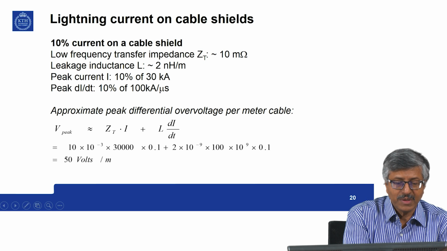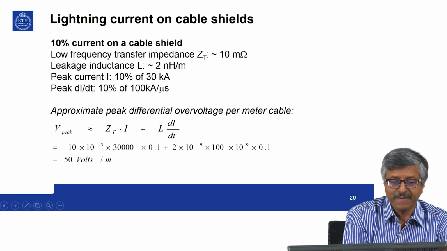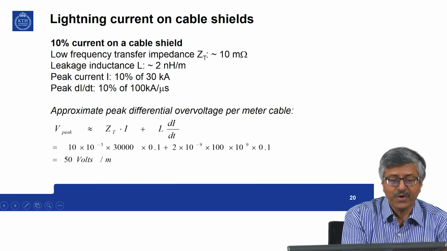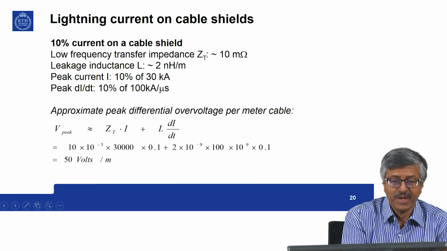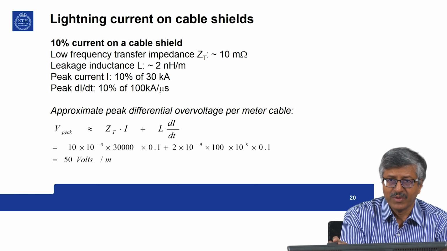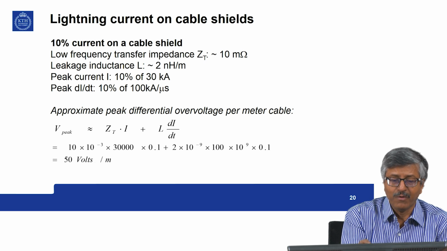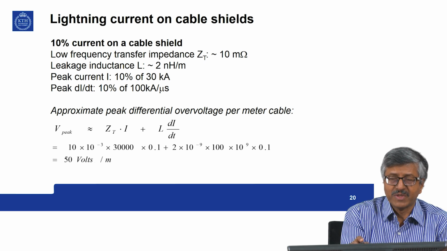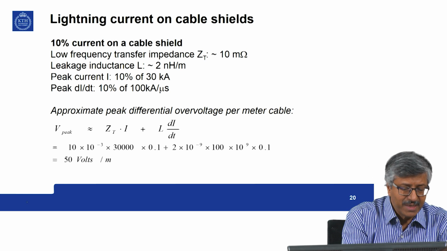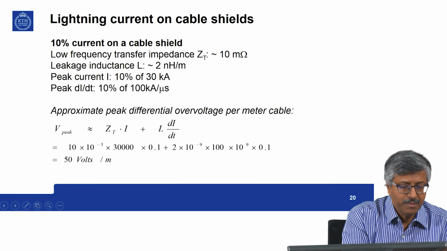So, all together you get something of the order of 50 volts per meter. As the current is traveling along the cable, even though it is 10% of lightning current, 50 volts per meter of open circuit voltage between the shield and the core will be produced.